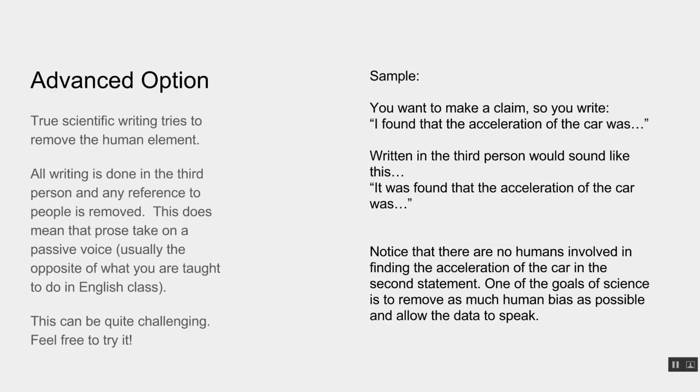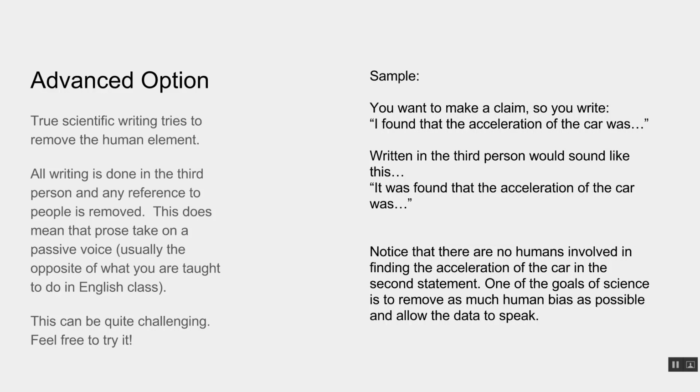So let's say you're going to make a claim and you start to write, "I found that the acceleration of the car was," well, let's pull that back. Let's put it in the third person. A lot of people would write, "The student found that the acceleration of the car was." Well, pull back again, remove the human element. "It was found that the acceleration of the car was."